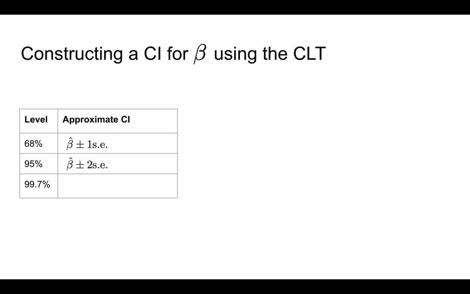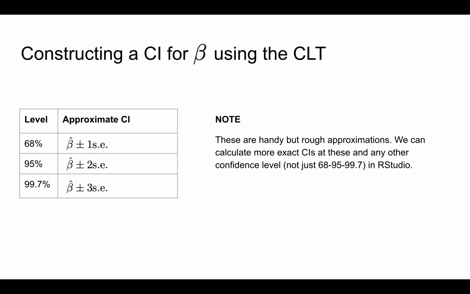For a 95% confidence interval, plus or minus two standard errors, and for a 99.7% confidence interval, plus or minus three standard errors. Please keep in mind that these are handy but rough approximations. We can calculate more exact confidence intervals at these and other confidence levels, not just 68, 95, 99.7, in RStudio.